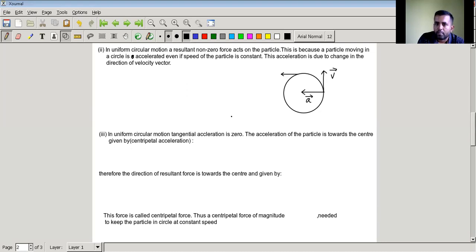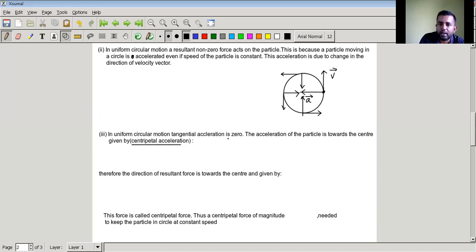Now this acceleration is pointing toward the center, right? So if the particle is here, the acceleration will be along this direction. If the particle is here, its acceleration will be in this direction, and so on. For this reason, this acceleration is known as centripetal acceleration.